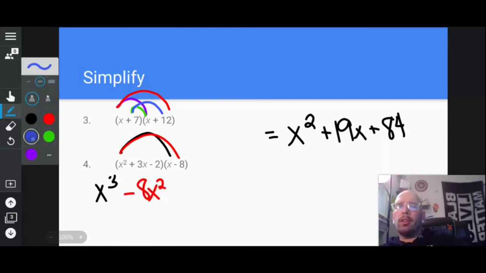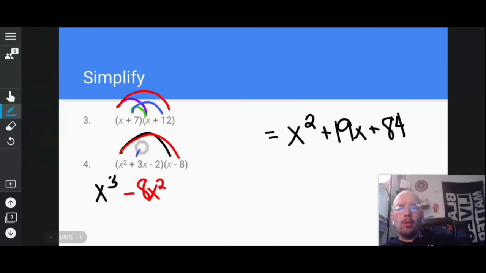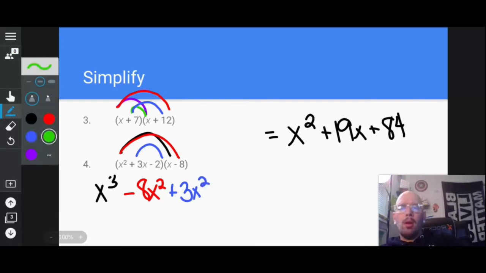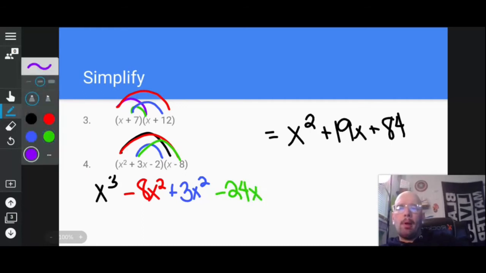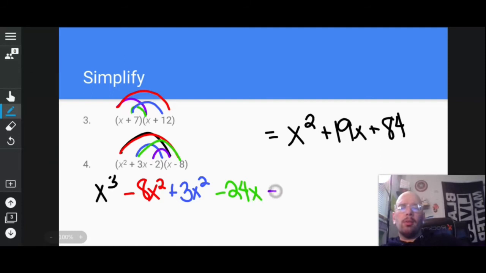Then you do the second term in the first parentheses. 3x times x, positive 3x squared. 3x times negative 8, negative 24x. Negative 2x, negative 2x.